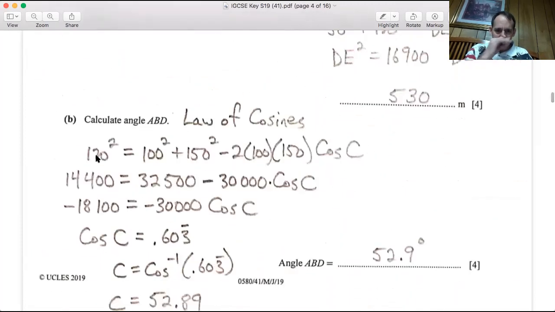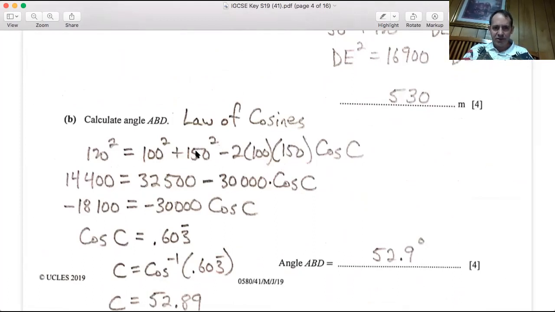So the side that's by itself starts off 120 squared equals, and then the other two sides that are adjacent to our angle, 100 squared plus 150 squared minus, so I like to call it C squared equals A squared plus B squared minus 2AB, that is these two values here, and then cosine C, where C is opposite this C here. This is little c, this is capital C. So that's the formula I like to use.